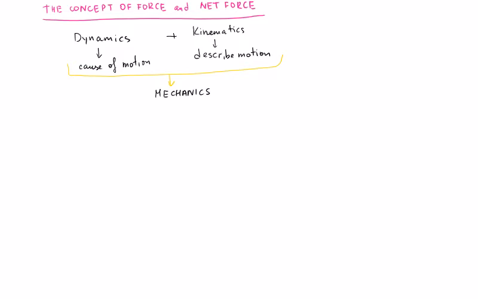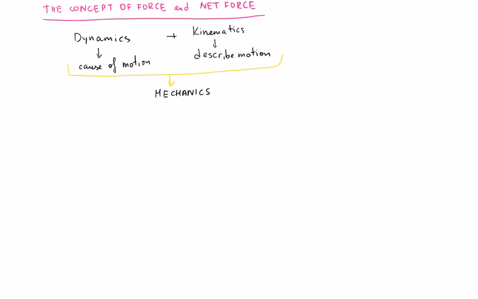A force can set a stationary object into motion. It can also speed up or slow down a moving object or change the direction of its motion. In other words, a force can produce a change in velocity. That is an acceleration. Therefore, an observed change in motion, including motion starting from rest, is evidence of a force.